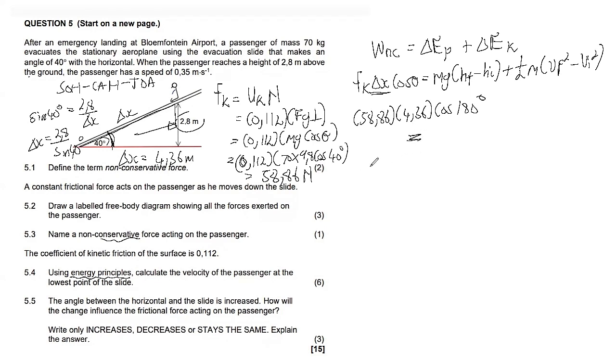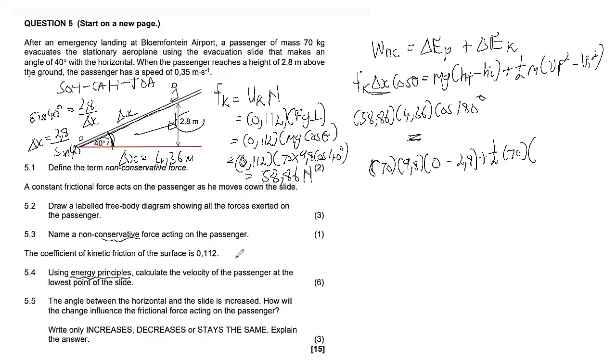So I hope you follow. Then this is the mass, 70, multiplied by 9.8. Our height finally at this point will be 0, but the height initially at that initial point is 2.8, and then plus half, mass is still 70.